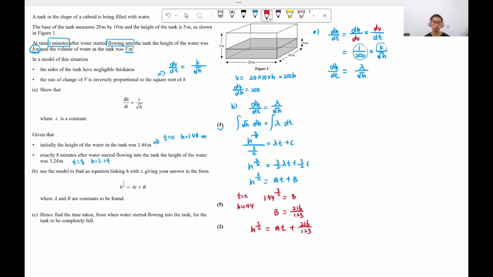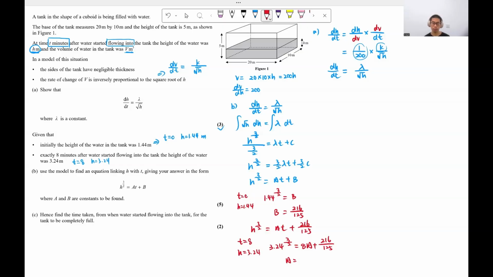Then substitute in the second condition. When t equals 8, h equals 3.24. So 3.24 to the power 3 over 2 equals 8A plus 216 over 125. Then A is equal to 3.24 to the power 3 over 2, minus 216 over 125, and then divide by 8 at the end.